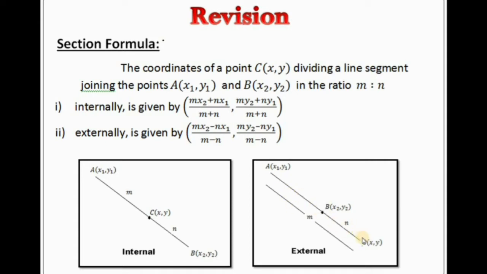As we compare this external with internal, we must have AC to be m, and similarly BC is n. So if such a thing happens, then the coordinate of C is given by this particular formula.